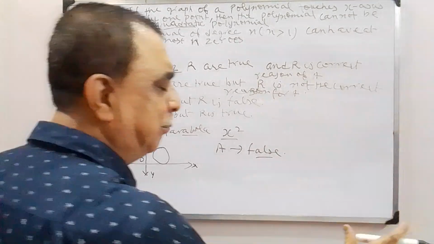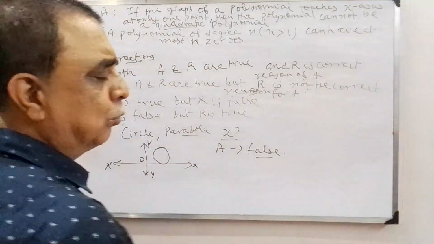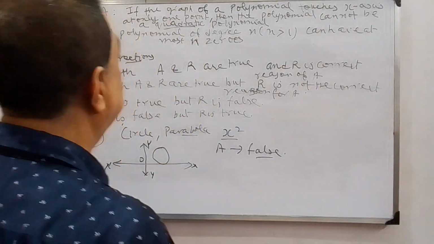That means the x-axis is the tangent of that curve. So the graph of the polynomial can touch the x-axis, meaning the x-axis can be the tangent of the graph. So the assertion A is false.